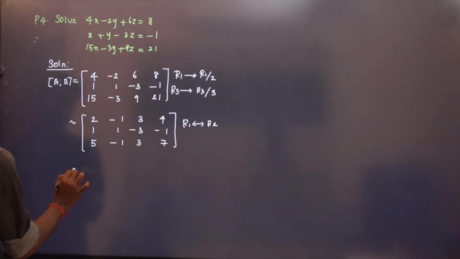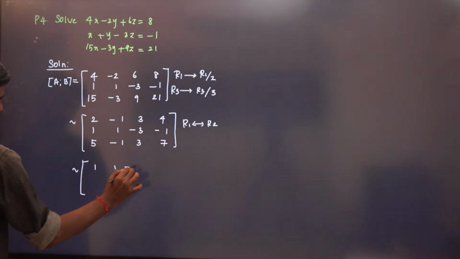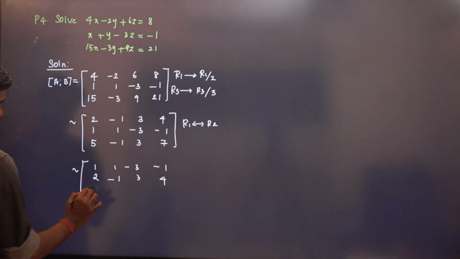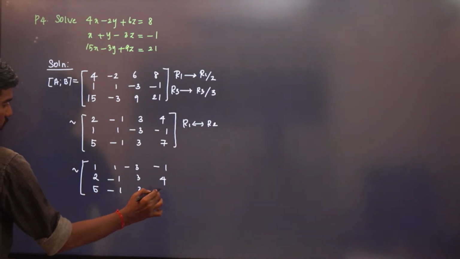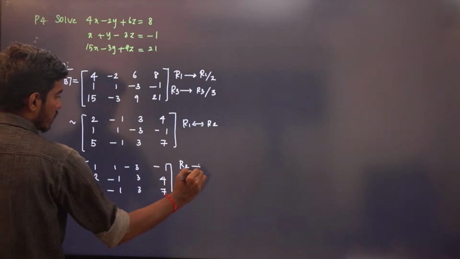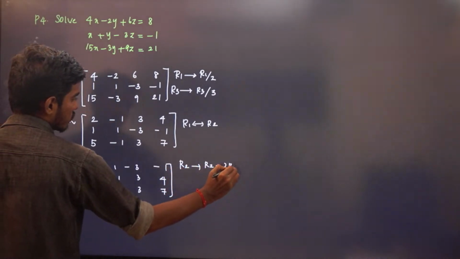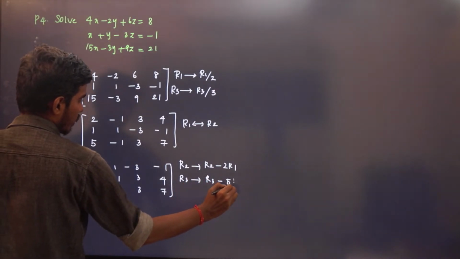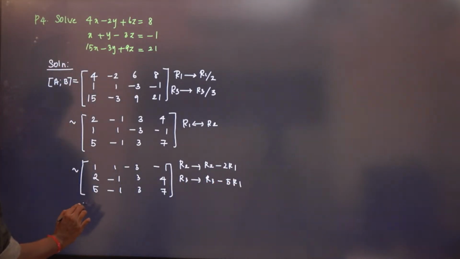It is not mandatory. 1, 1, minus 3, minus 1; 2, minus 1, 3, 4; 5, minus 1, 3, 7. Okay. Now R2 is transformed to R2 minus 2 R1. R3 is transformed to R3 minus 5 R1.